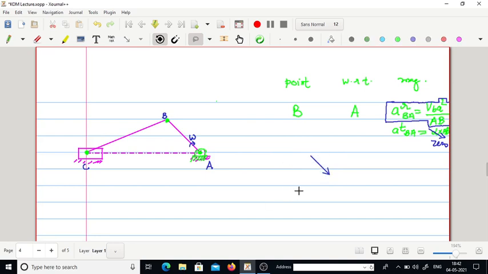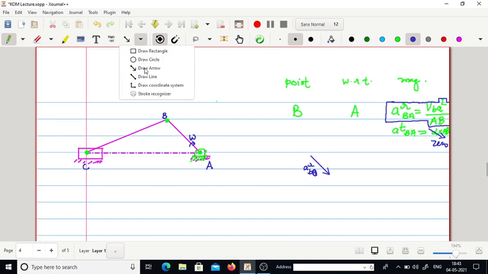This will be the radial component of acceleration of B with respect to point A. So this will represent the point B dash, since there is no tangential component of the acceleration.